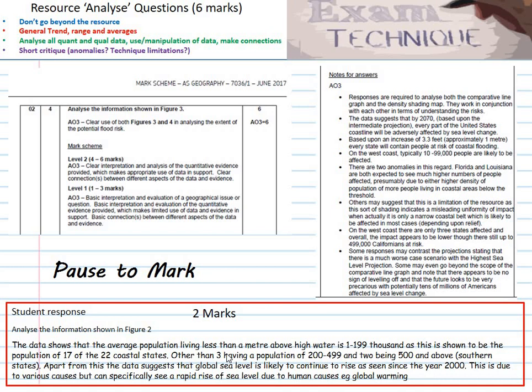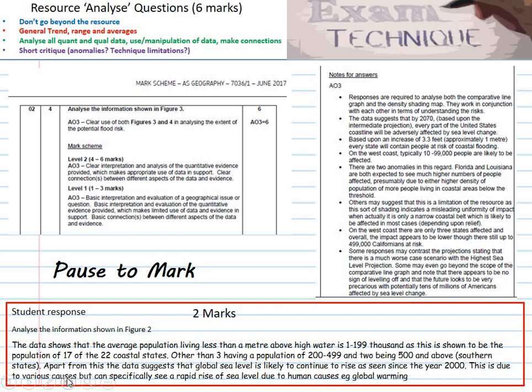So this student achieved 2 marks, and I'll tell you why. It's considered a basic answer. The student doesn't talk about specific states. They do engage in a basic way with the map. They don't do a very good job at all of linking the map to the projections, although they do make some link to it here. And then, as you can see, big mistake, last sentence.